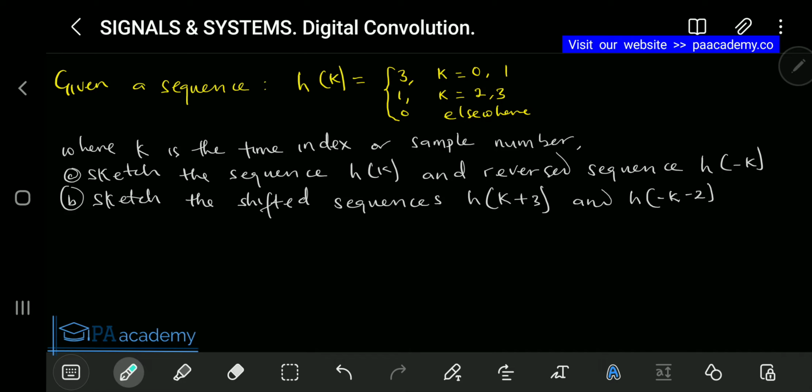It says, given a sequence h of k, and this is it here, where k is a time index or sample number, sketch the sequence h of k and the reverse sequence. If you have been following this lecture series from the beginning, I want to believe that you won't have a problem with sketching what we have here.